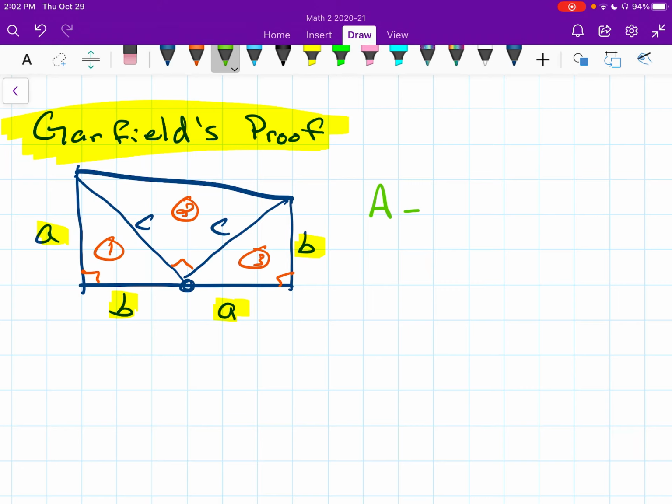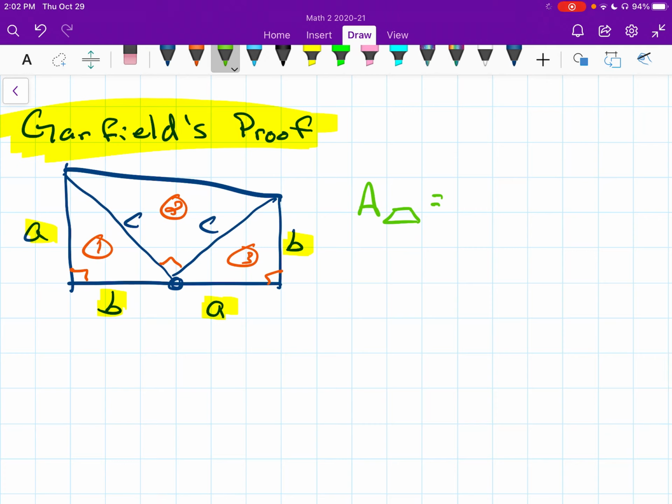So the area of the trapezoid, we're still going to try to use our area formulas. Area of the trapezoid is going to be the average of the bases. So we take a plus b over 2 times the height. The height is also going to be a plus b.